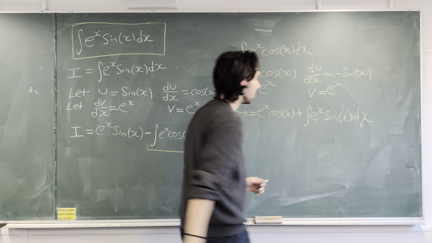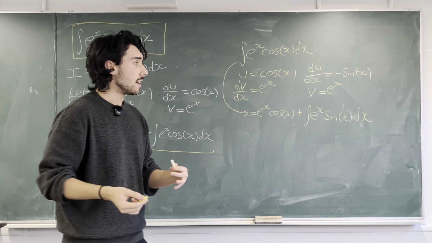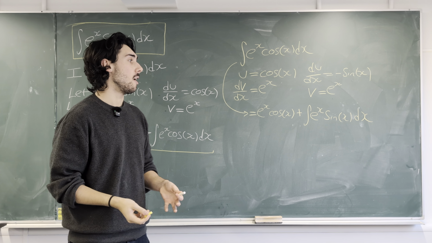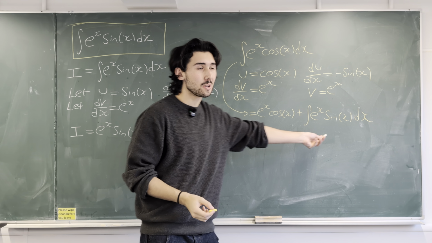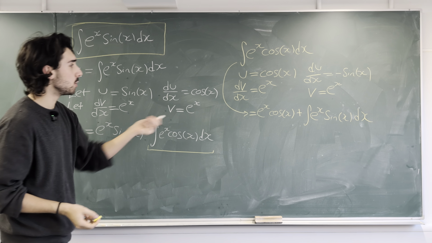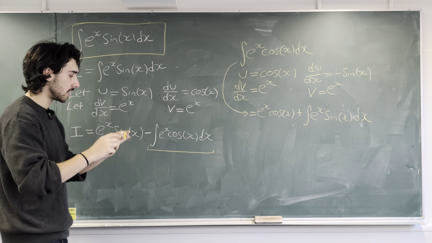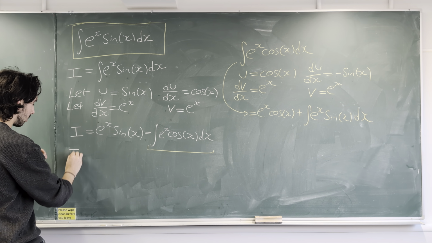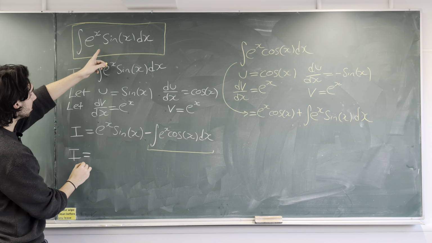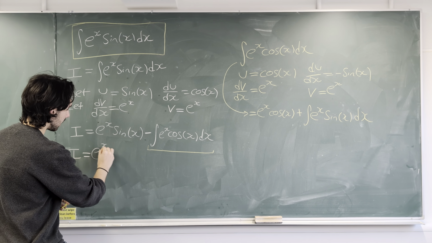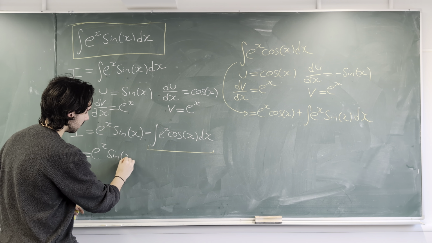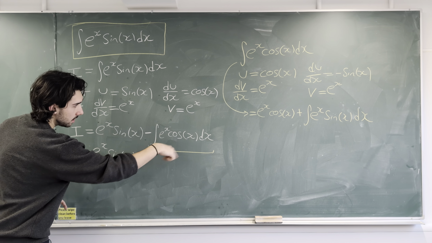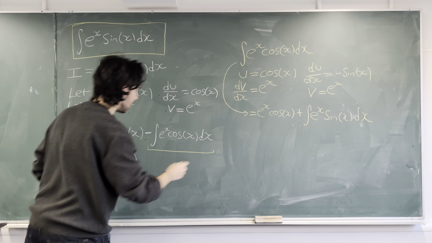Okay, cool. Now, you might be saying, oh, we've really messed it up now because we're just back to where we started. This is the integral that we're trying to do. Useless, but actually it's not. So if we write it all in one go, I, which is the integral of e to the x sine x, is e to the x sine x minus this integral, which we've just worked out to be this.